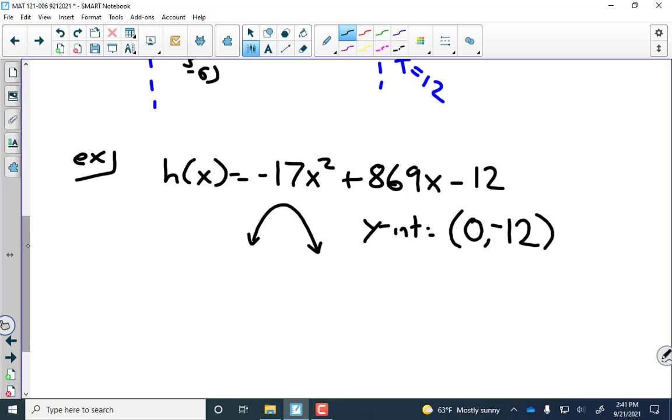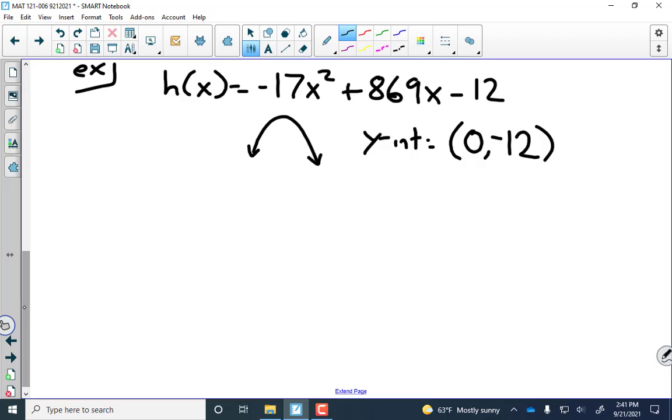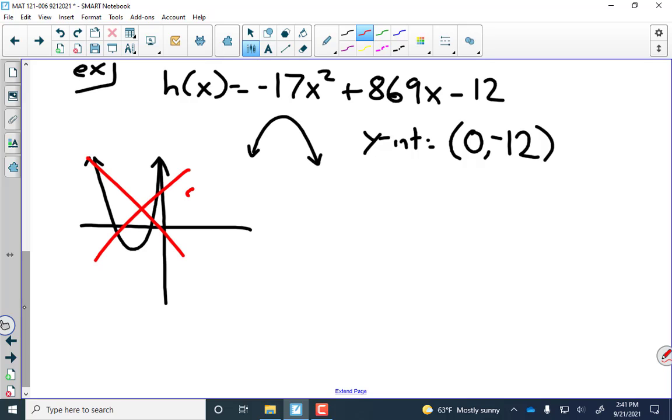If we were given some sort of matching problem where they said match this equation with its graph, here's something you could do. Look at this. Let's say one of the graphs looks like this. Can we eliminate that one right off the bat? Yeah, it opens the wrong way. I don't know exactly what the graph looks like, but I know that can't be it.